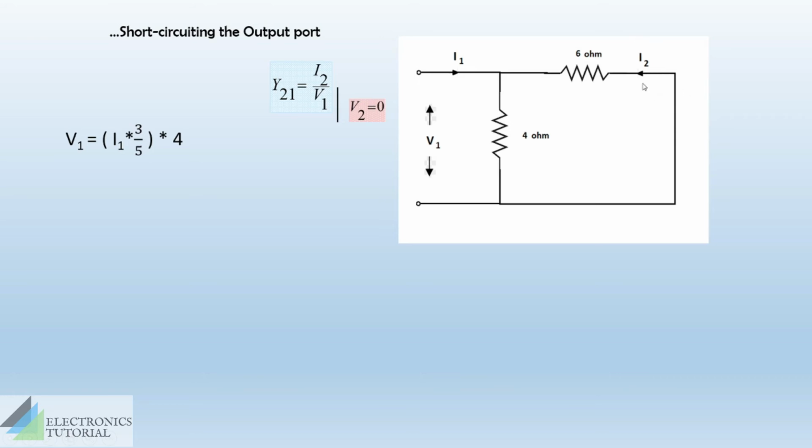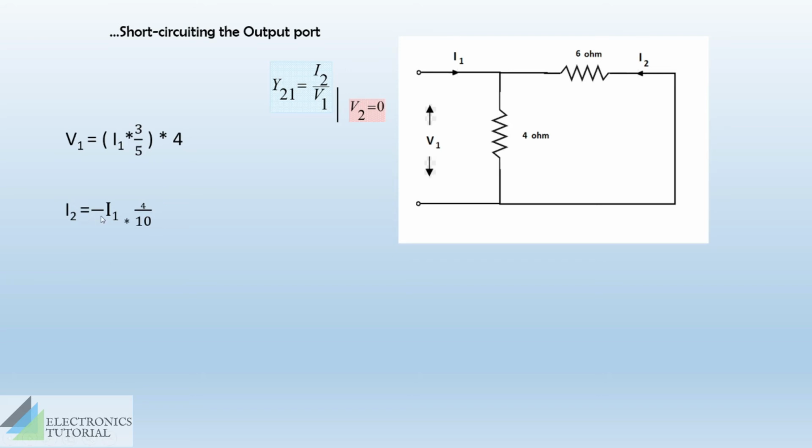So, to obtain the I2 value, we are again applying current division law. Current through 6 ohm is equal to total current I1 into resistance at other branch 4 ohm divided by total resistance 6 plus 4. That means I2 is equal to I1 into 4 by 10.